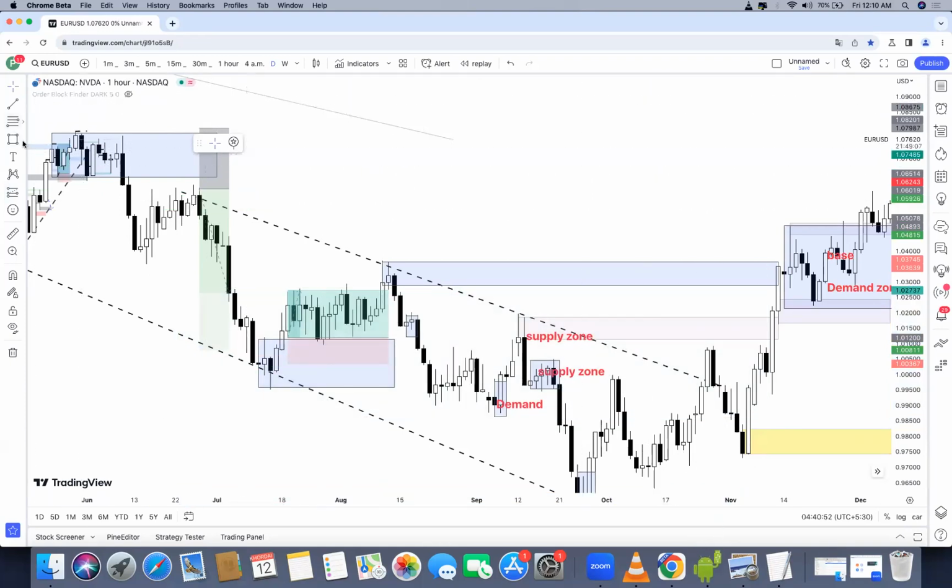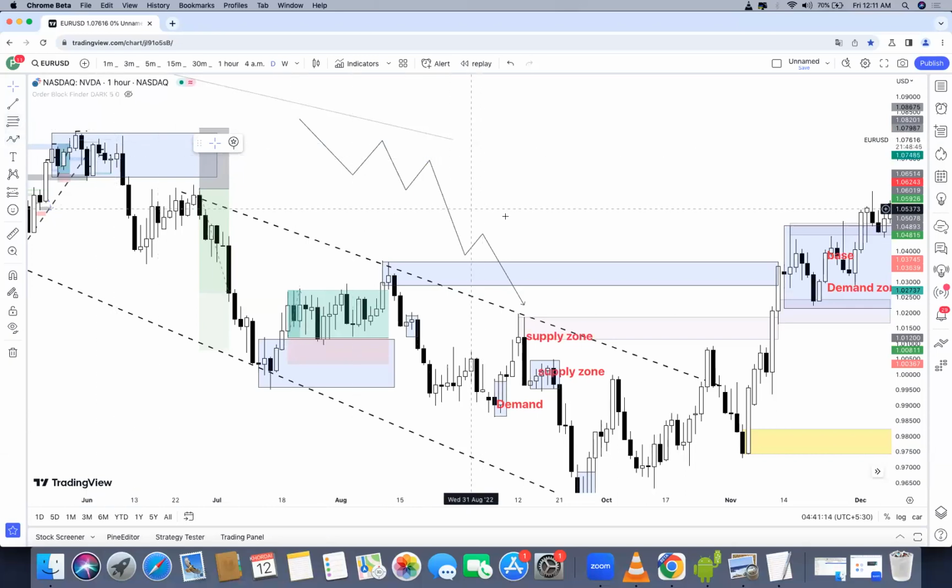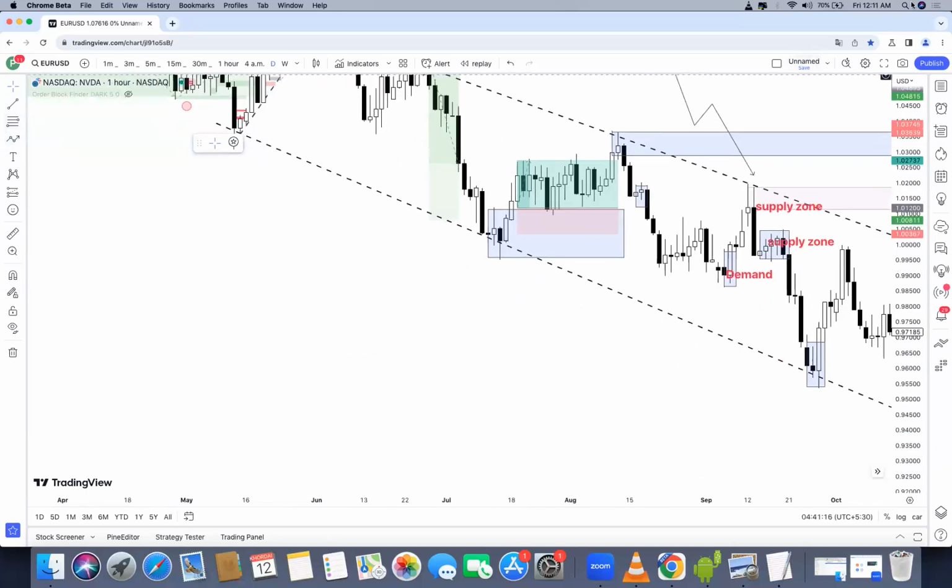So let's say we have the market coming down from the supply zone, all right? The price is making its way down, making lower lows, lower highs, lower lows, lower highs, dropping down, and it goes to the lower zone, right? Let me do a very clean illustration.